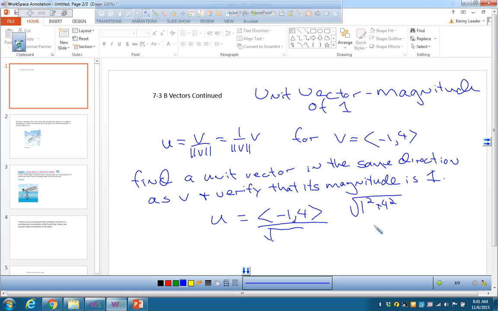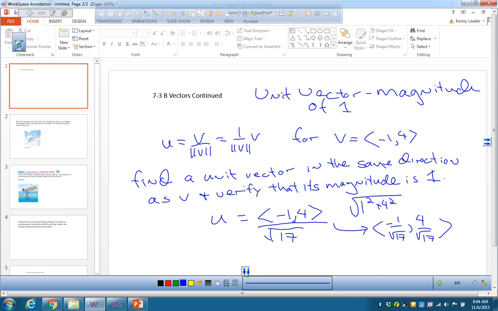And so it's going to be -1, 4 divided by the square root of 17. You could write that in a couple different ways, but in component form it's -1 over the square root of 17, comma 4 over the square root of 17. Don't worry about rationalizing.